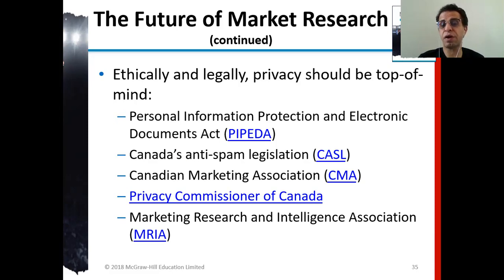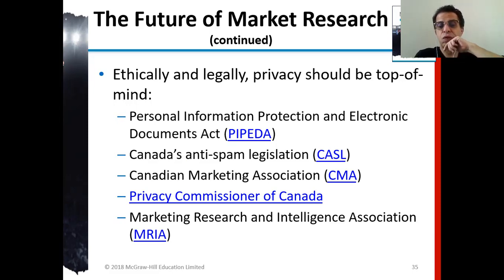Ethically and legally, privacy should be top of mind. One of them in Canada is called PIPEDA, the Personal Information Protection and Electronic Documents Act, under which the receiver is not allowed to pass information to anybody without your consent.